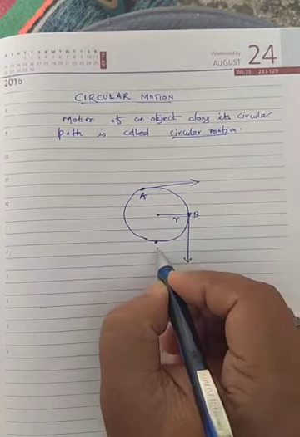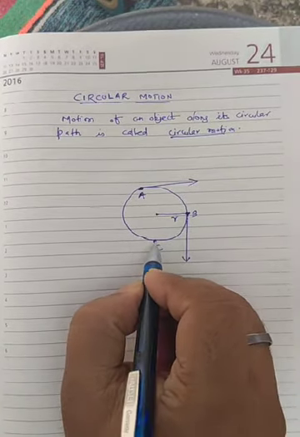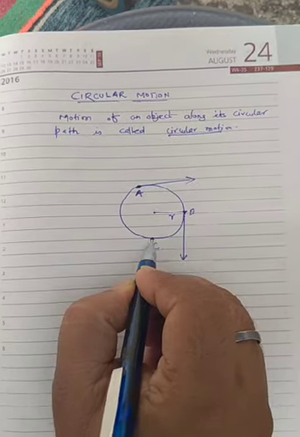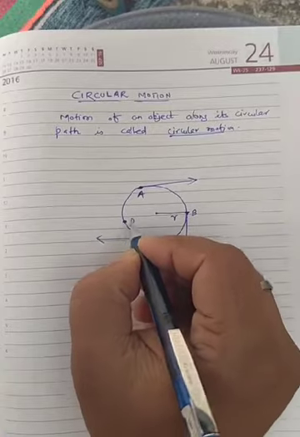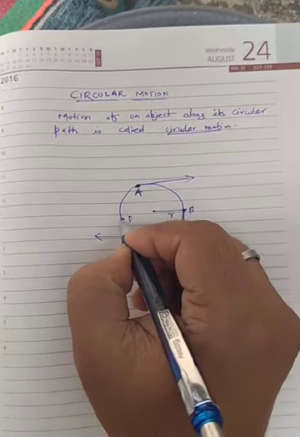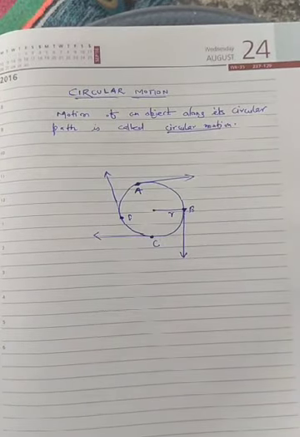Suppose the body is reaching the point C. Now again the direction is getting changed. Now reaching the point D, again the direction of the body is changed.